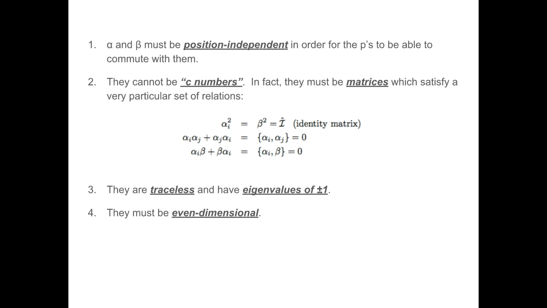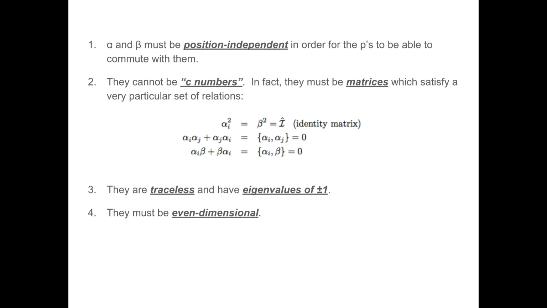And there are several things that pop out. First, we're assuming that alpha and beta are time independent, but we also have to assume that they're position independent, so they don't depend on space. That comes from having to pass these momentum operators, the derivatives in position space, through them.